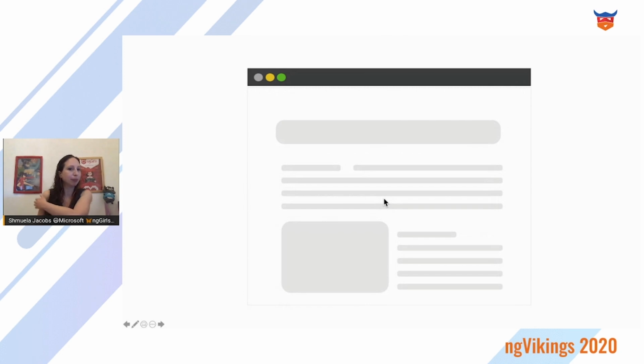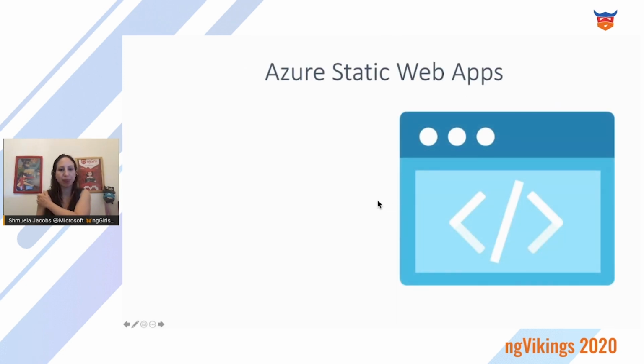So like I said, I'm talking here about Azure Static Web Apps, but this service is, of course, also available in different variations in other clouds and services like Netlify and Firebase, and there are a lot of different options, but I'm going to show you how it's done and what Azure Static Web Apps can give you.